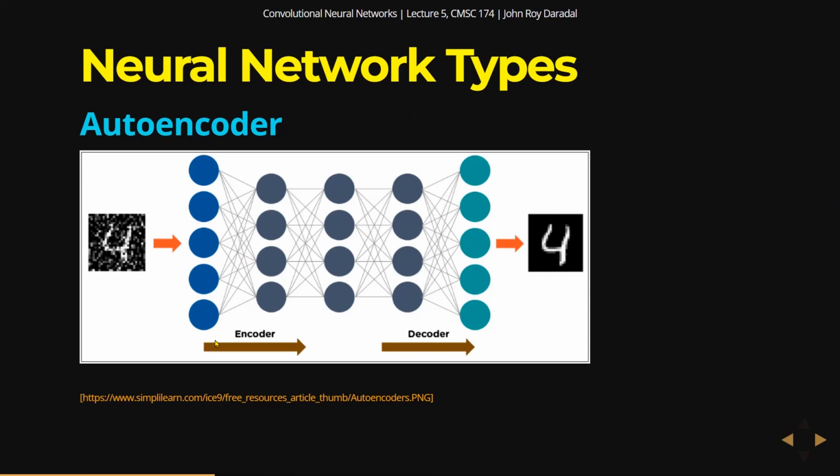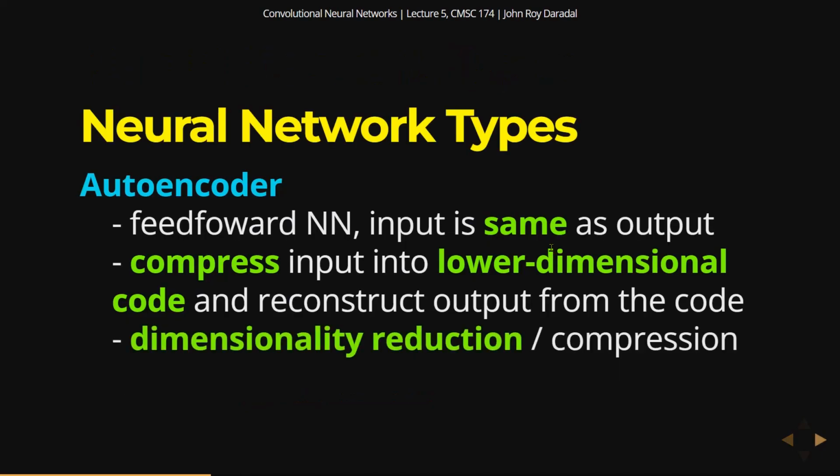So the encoder will try to encode this data into some code. Okay, and then given that code, it will pass it to the decoder part, which will try to recreate the given data, but with fewer dimensions. Okay, so it's a dimensionality reduction. So it's used for compression.